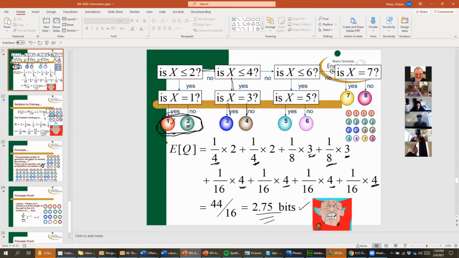What is the number of queries here? The number of queries here is 2. The number of queries here is 2. The number of queries here is what? 3? Is that right? 1, 2, 3. Number of queries here is 3. The number of queries here is, let's see, 1, 2, 3, 4. So the number of queries for this one is 4, and over here is 1 question, 2, 3, 4 questions.